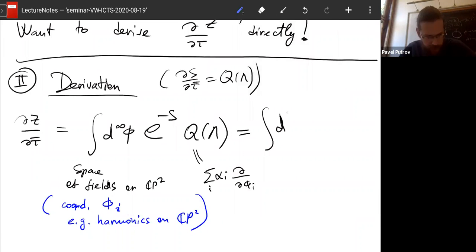By using Stokes theorem, we can reduce this integral to the integral over the boundary at infinity of the space of fields.